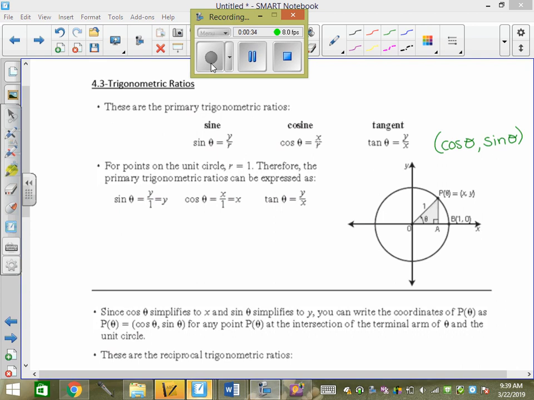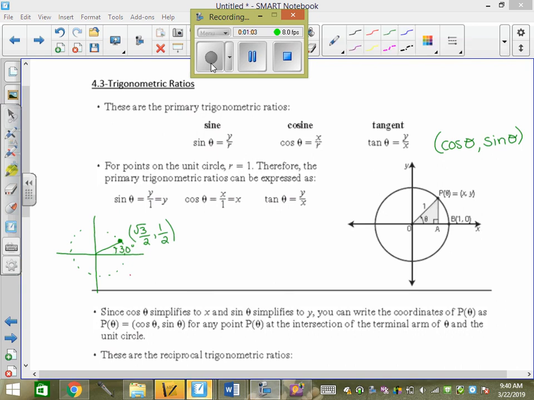However, there's also tan. So let's just look at the 30 for now. On my unit circle, on the edge, right here, at 30, this coordinate is going to be root 3 over 2, 1/2.